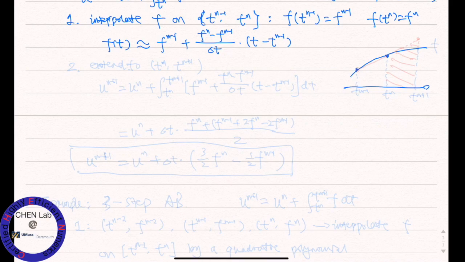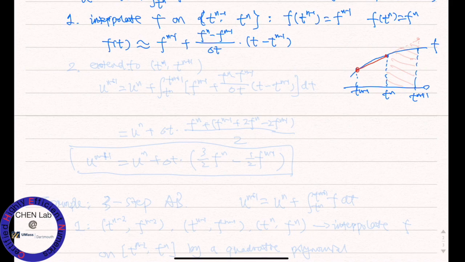What you do is take these 2 points and come up with a straight line. Here's t_{n-1}, here's t_n, next is t_{n+1}.